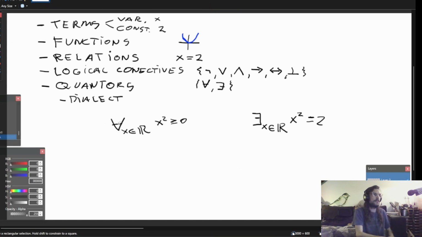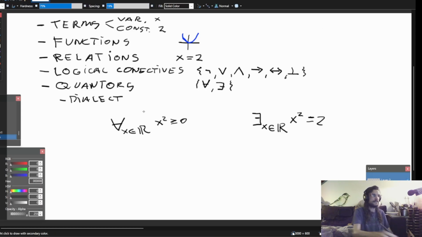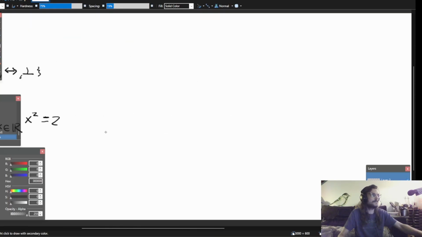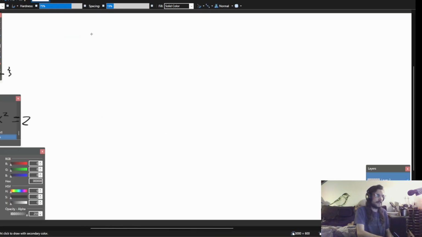Now we've gone over all the types of symbols that you find in mathematics, and we can go on to how to actually describe mathematics using logic. And for that I want to bring up something that I talked about last time.